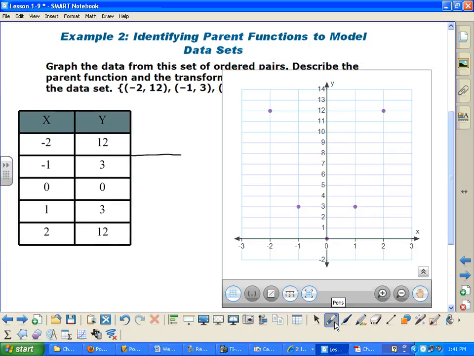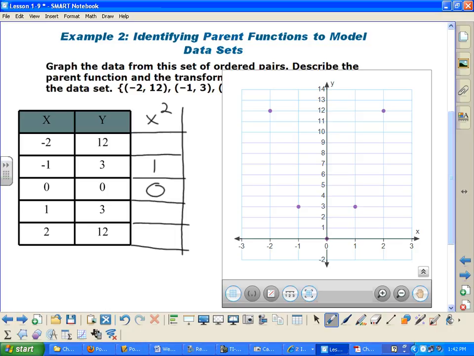And I'm actually going to add some lines here. And I'm going to put in the parent function x squared. All right. So if x is 0, what's 0 squared? 0. Okay, so that point's still going to be there. If negative 1 is squared, what do I get? 1.